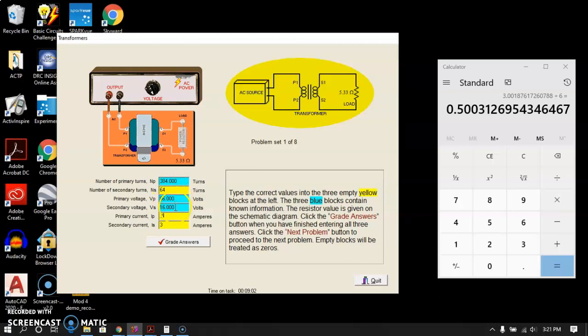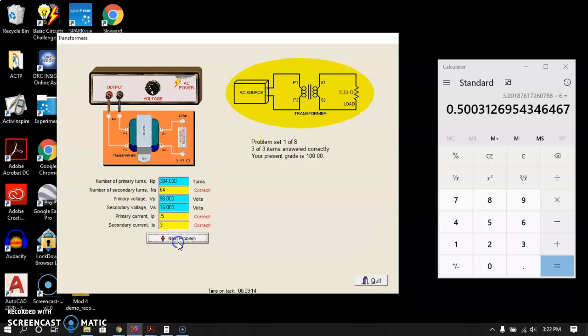Because we're decreasing as we look towards the secondary, we should be increasing our current. So a 0.5 amp primary should increase by a factor of 6 to a 3 amp secondary. Go ahead and grade this. And I got them all correct. So I can move on to the next problem. So hopefully this helps you guys work through. If you have problems, don't forget you can always email me.